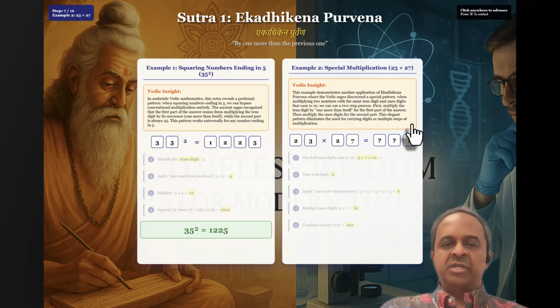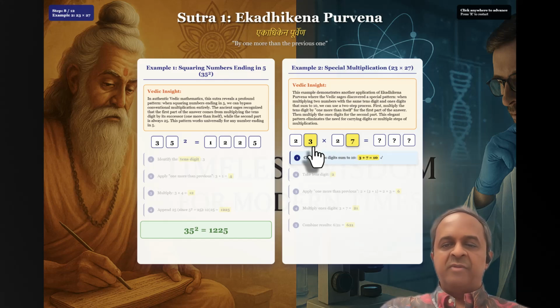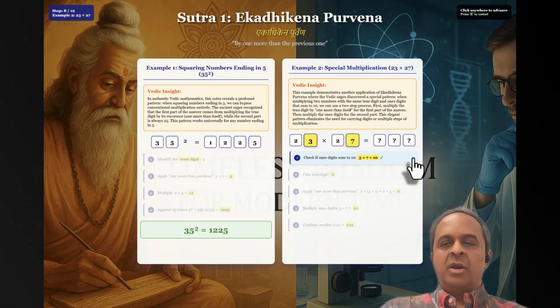So let's walk through the steps. 23 times 27. First, look at the units digits, 3 and 7. You add them: 3 plus 7 is 10. That gives a check mark that this method will work for a multiplication like 23 by 27.